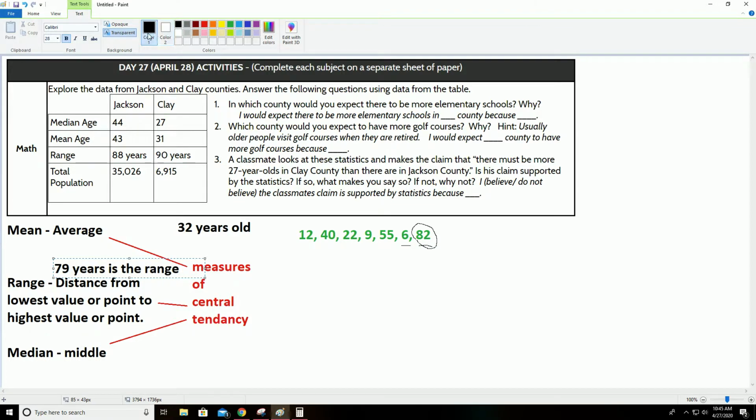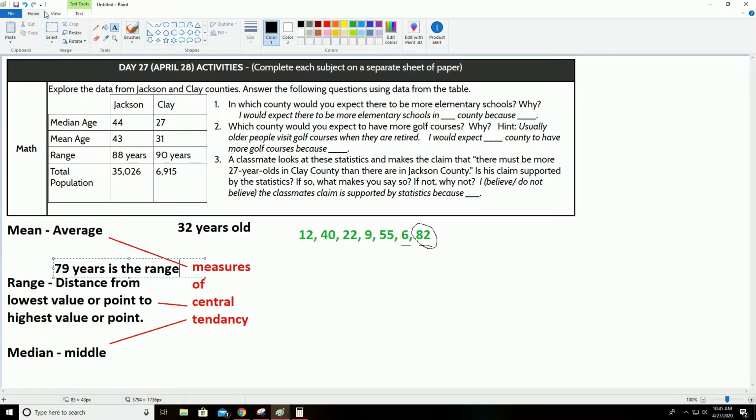Okay, I'm going to circle this so we can tell that apart from the other piece. We'll circle it in red since we're using red for the measures of central tendency.